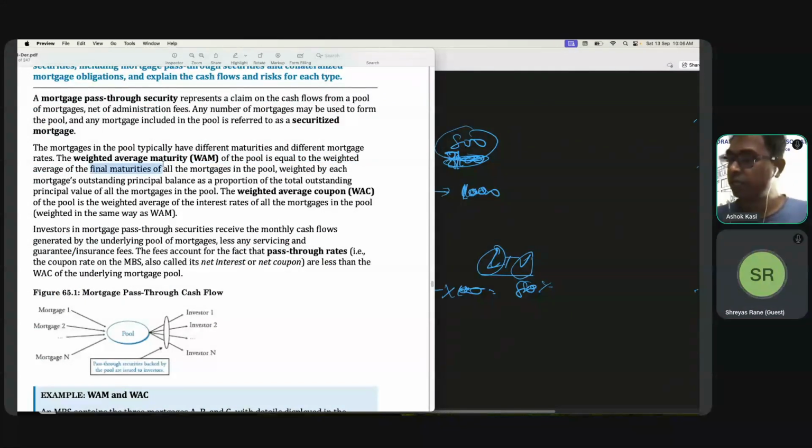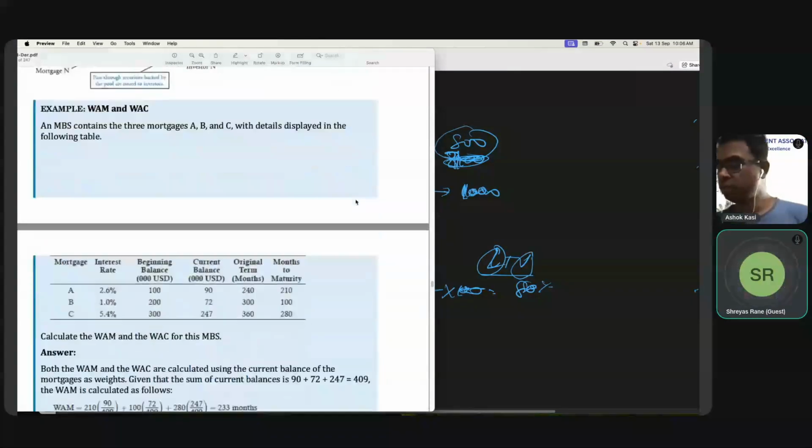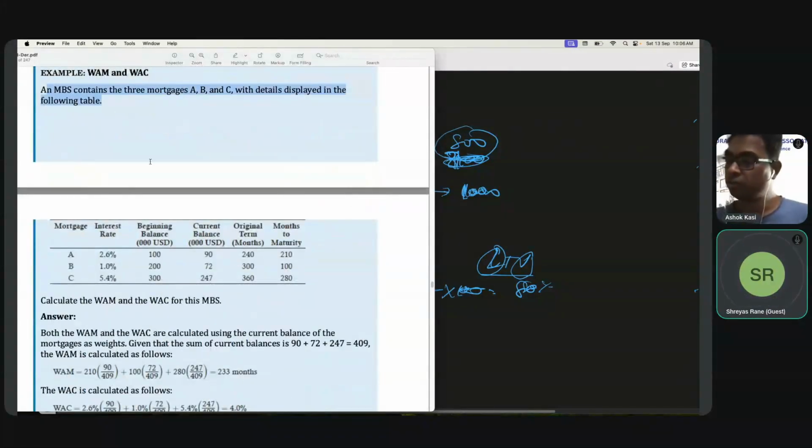Then this one, weighted average maturity and weighted average coupon. Let's just do this sum. It's easy.